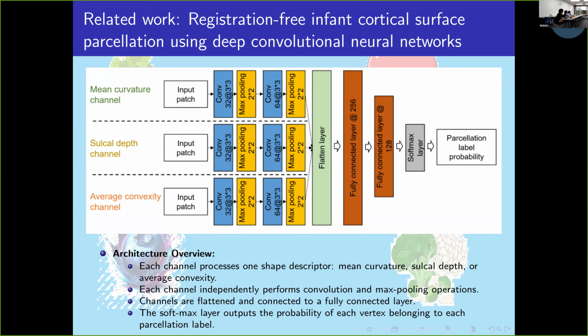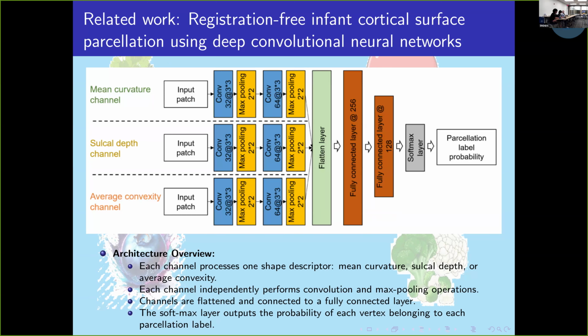The architectures are not that different from regular convolutional architectures. They consist of convolutional operations, pooling, and fully connected layers for classification tasks, and several channels for input.